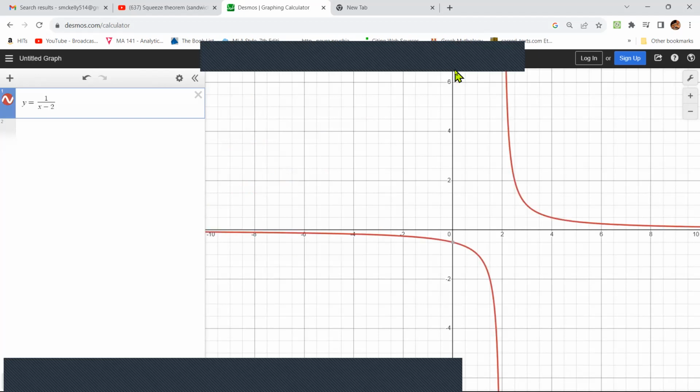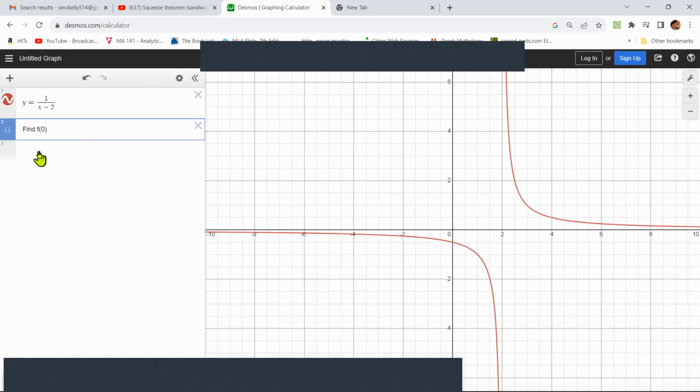Now, that's a different graph, right? And suppose that I want to evaluate f of, let's do this. What is f of 0?